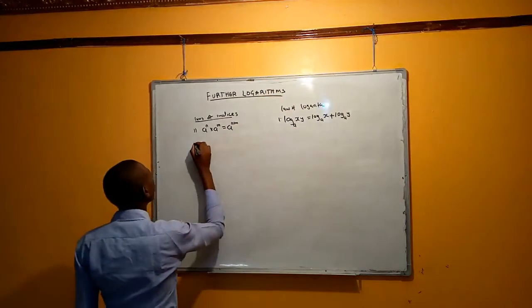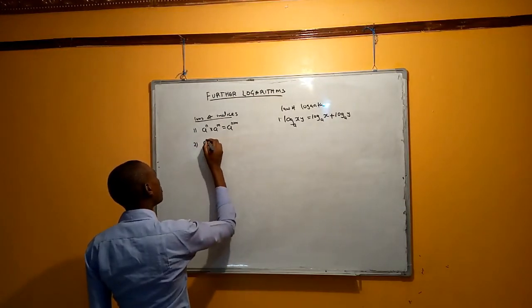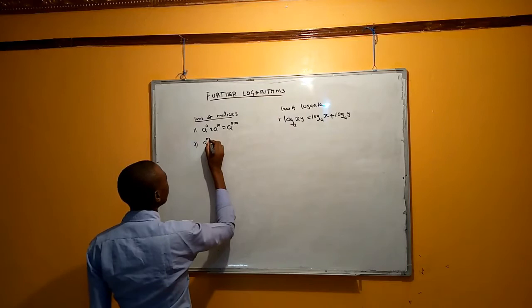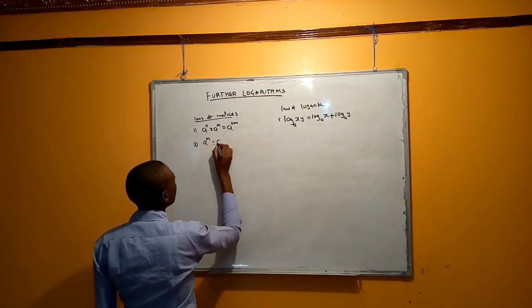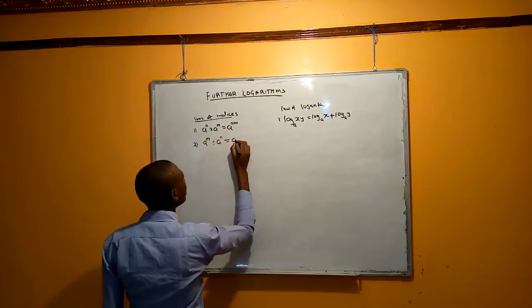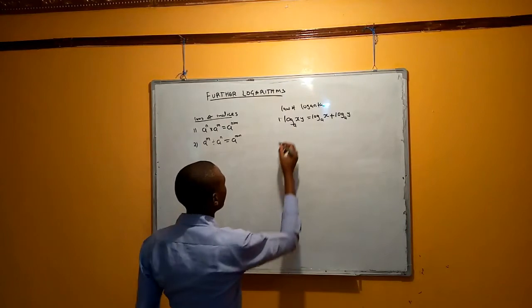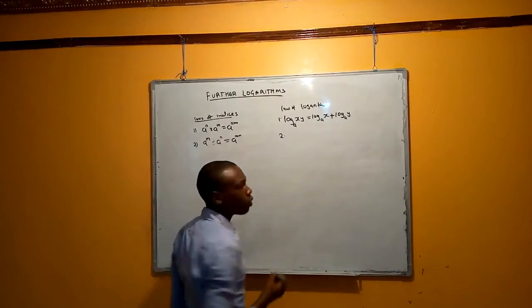The second law of indices says that when you have a number a raised to power m, and you divide by a raised to power n, this gives you a raised to power m minus n. So from this we can form our second law of logarithm.